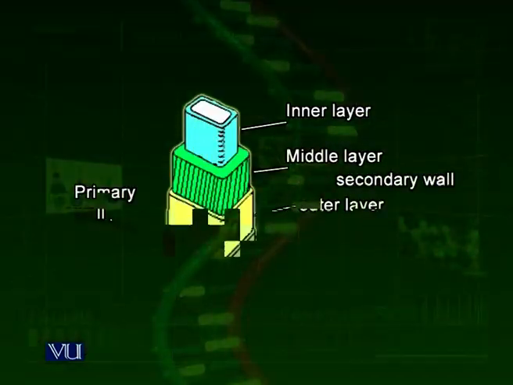If it is more ordered, it has more strength. So in the primary cell wall, the cellulose microfibrils, which give it strength, are less orderly arranged. They are less organized. In a secondary cell wall, they are more orderly arranged and more organized. As a result, they give the cell more strength.